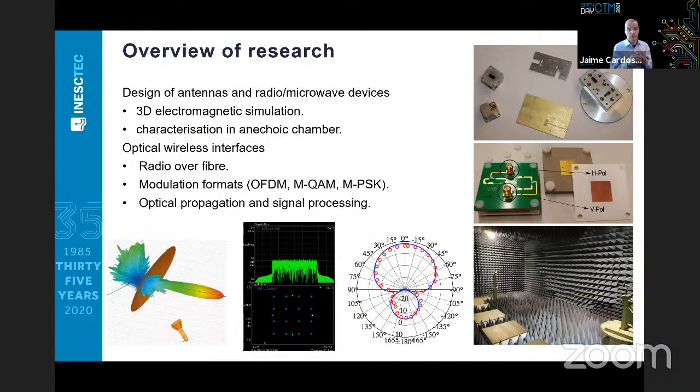More specifically, in terms of antennas, we do research on small antennas, on miniaturizing antennas, and also on arrays of antennas, and these optical and wireless interfaces. And we also do signal processing for these, for instance helping on beamforming of the antennas, with also a focus on localization.